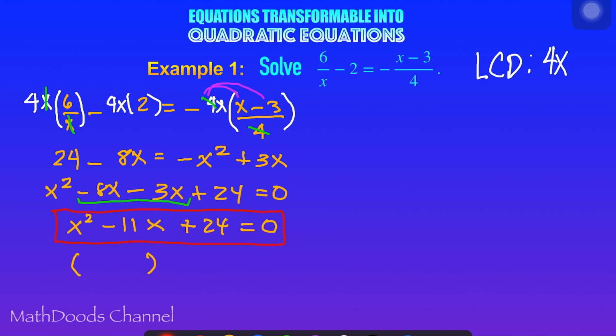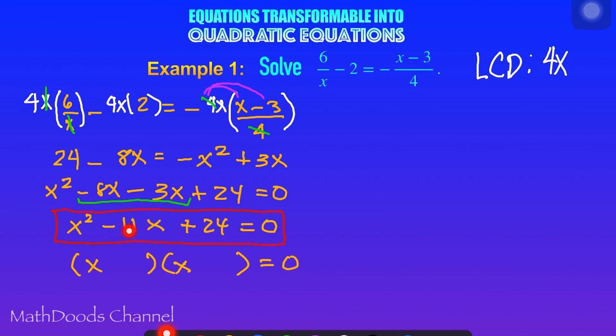Pero ang gagamitin ko is factoring. Ayan. So yung factor ng x squared ay x. Factor ng 24, marami no? May 24 and 1, 12 and 2, 8 and 3, 6 and 4.